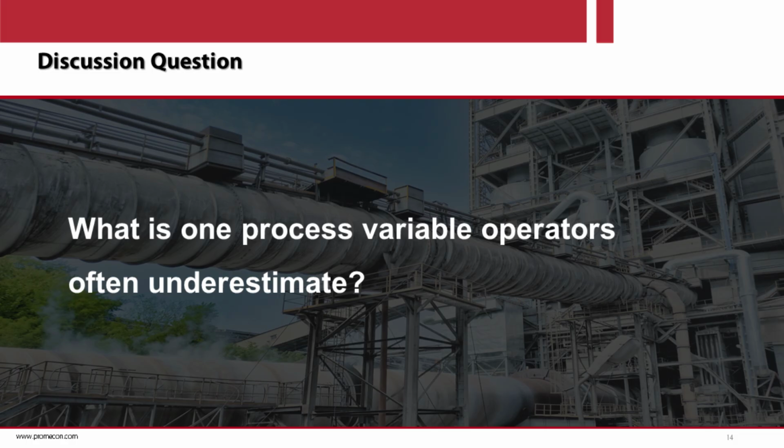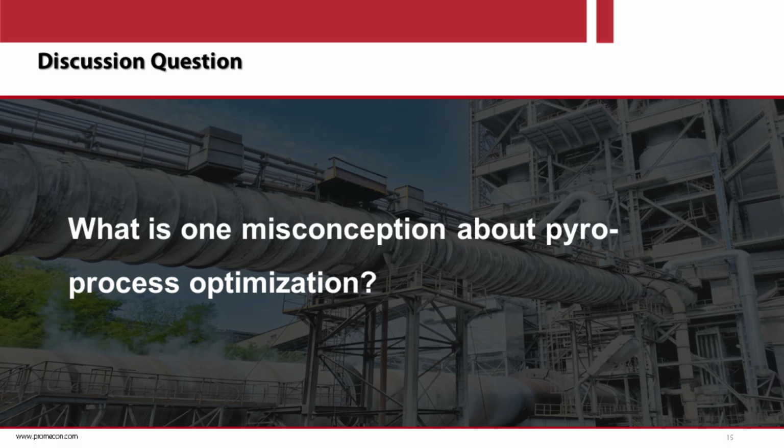Excellent. Matthias, what is one misconception about pyro process optimization? Well, operators or process engineers often have to treat symptoms that they're seeing in the daily operation. And they have to do it in time shortage and immediately, and they call it optimization if they apply some quick fixes that let the problem appear to be solved, but they never eliminated the underlying problem.